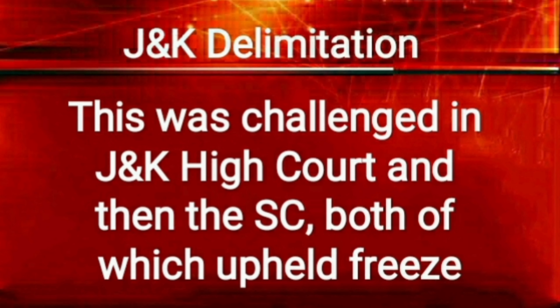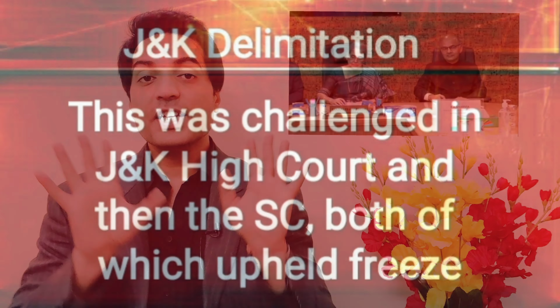This was challenged in the Jammu and Kashmir High Court and also in the Supreme Court, both of which upheld the freeze. Also, while delimitation as a rule is carried out on the basis of census population, the Commission said it would take certain other factors into consideration for J&K, including size, remoteness, and closeness to the border.